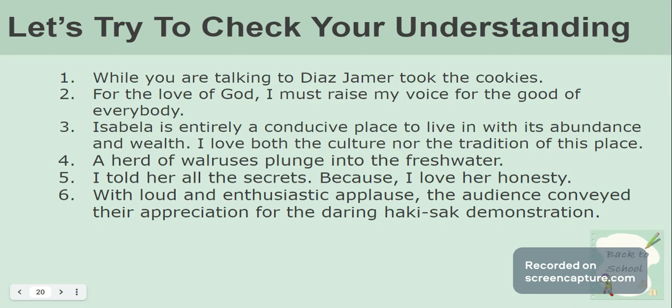Both, and. Number four: A herd of walruses plunge into the fresh water. A herd of walruses, ibig sabihin, it is taken as one entity. That's why, as a whole collective noun, "plunges." Okay?